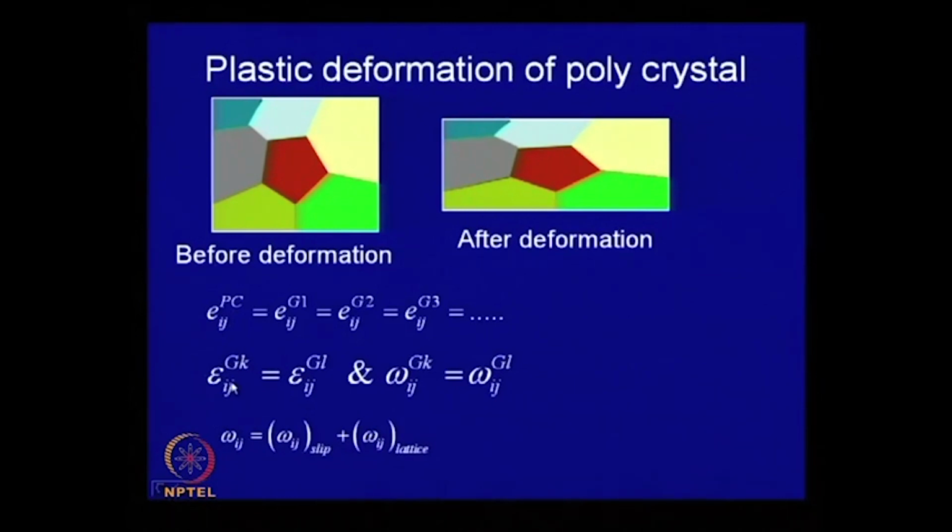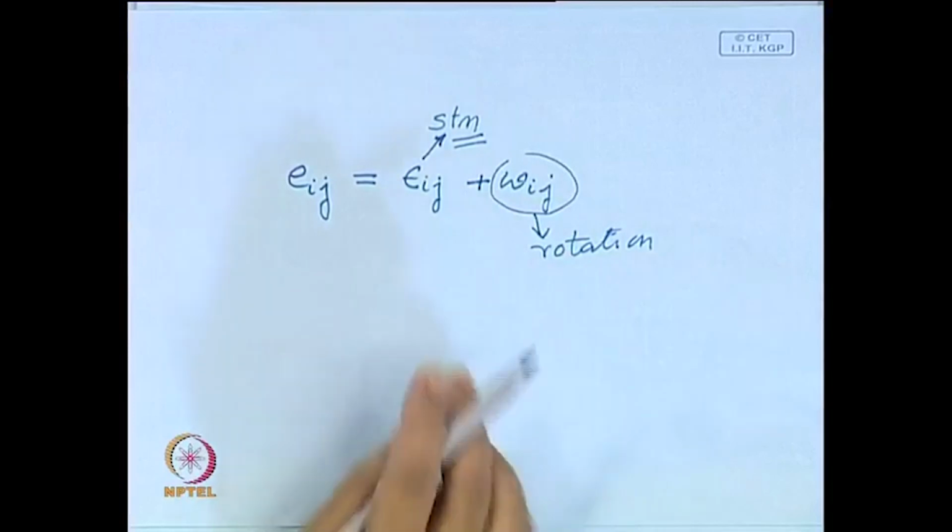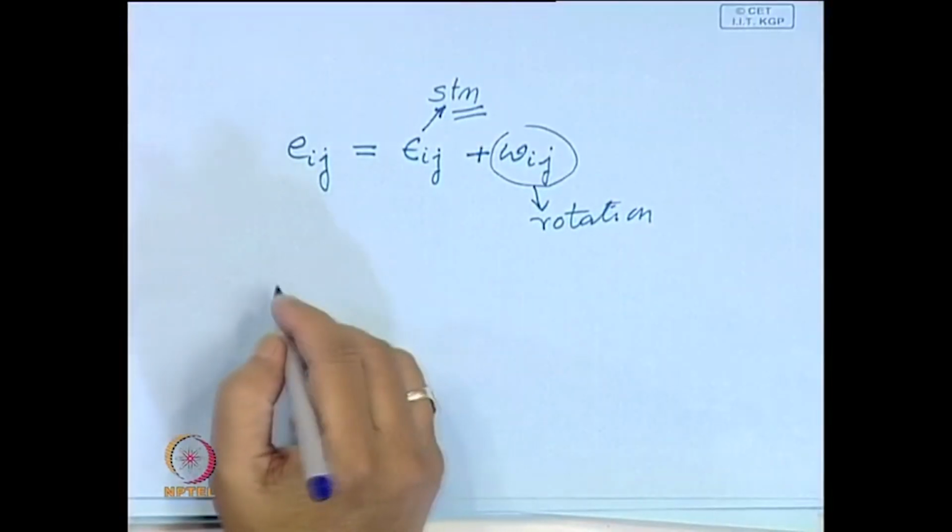Say for grain K and grain L, they should be exactly the same. Now, if these are the same, then this also should be the same for each grain. So actually there are two things happening.